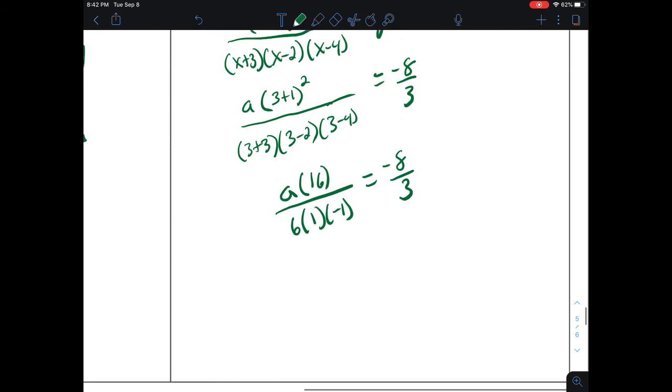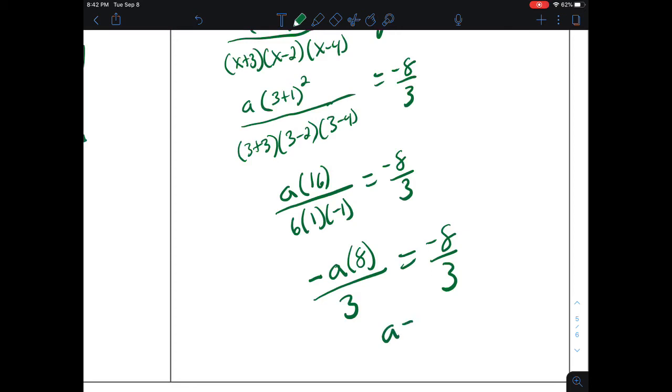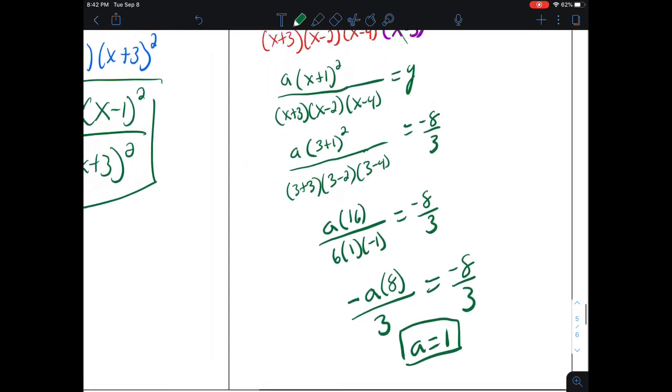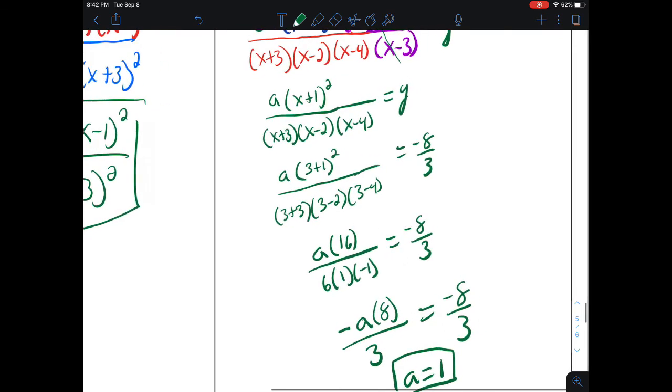If I reduce everything by 2, I get negative a times 8 over 3 is equal to negative 8 over 3, which means a is equal to 1. Well, how about that? So there actually was no stretch or shrink, and a was 1.